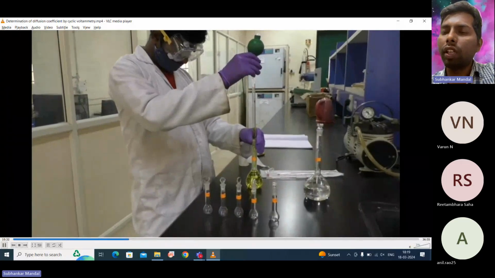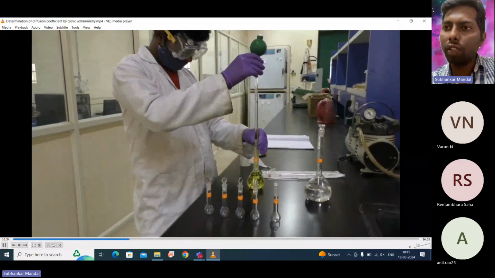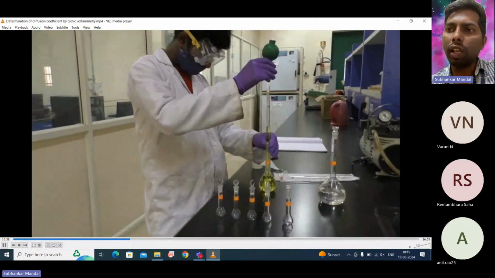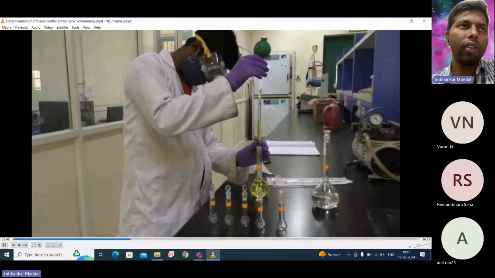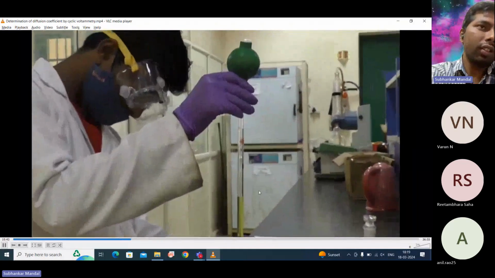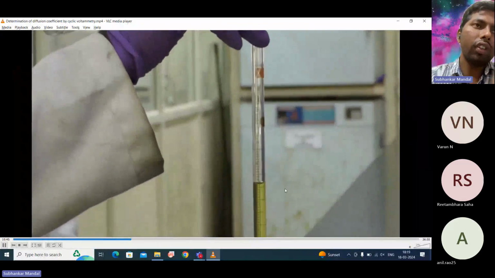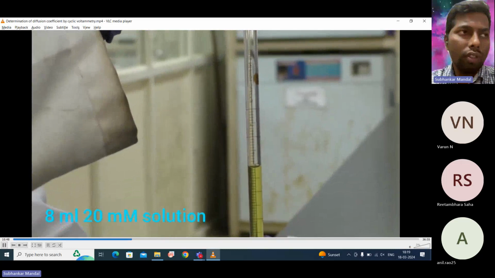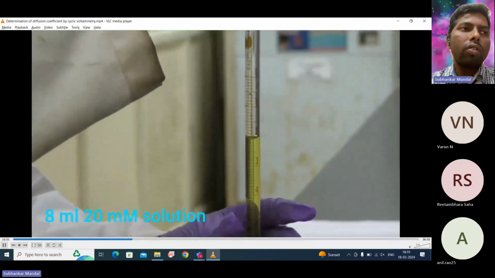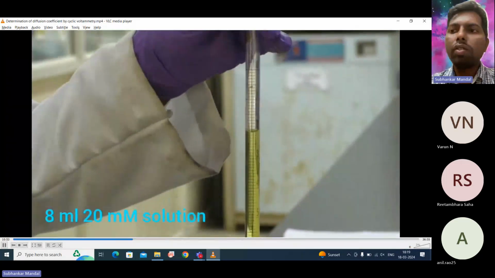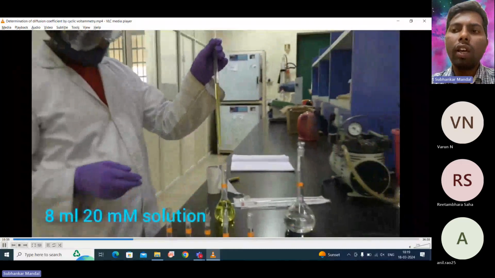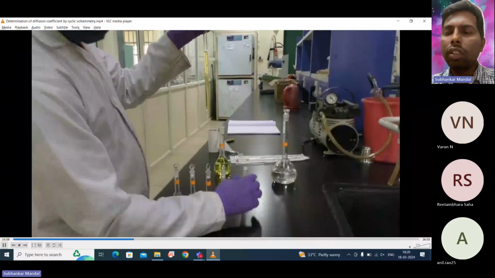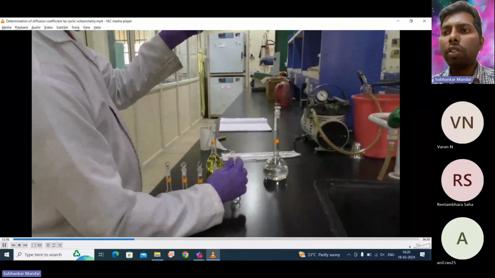So whatever we are taking, that is the burette we used to call. In a burette you get the exact amount. So from here you can get the value, how much concentration is required for 10 ml of solution. So from 20 millimolar solution, how to make the 16 millimolar, we have to take 8 ml, as I think is shown in the video.